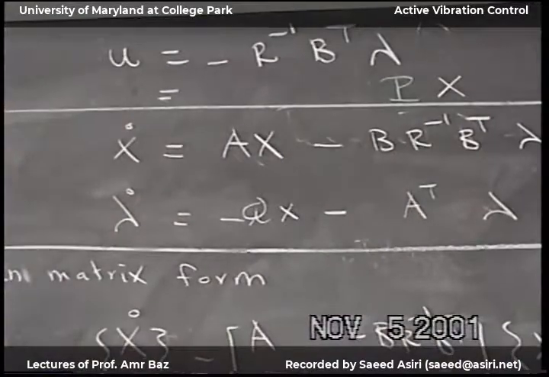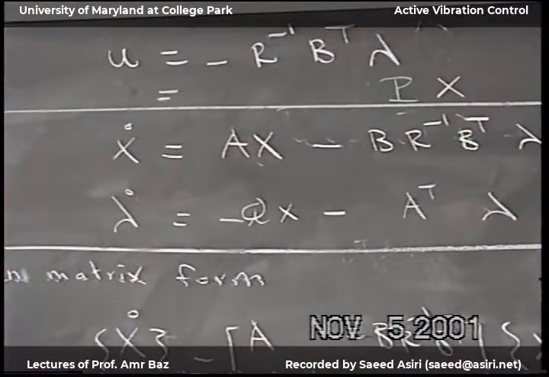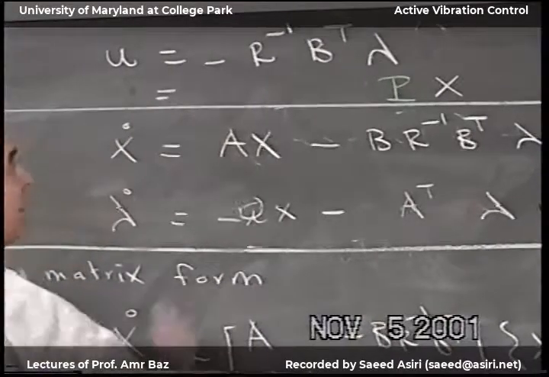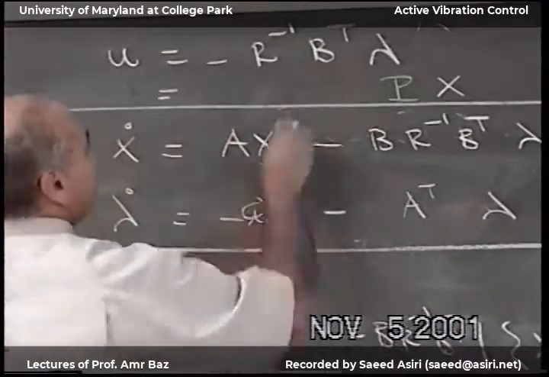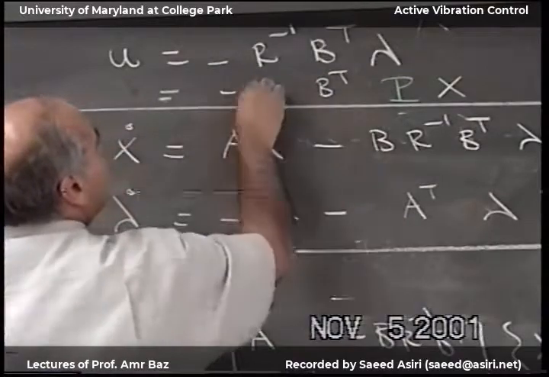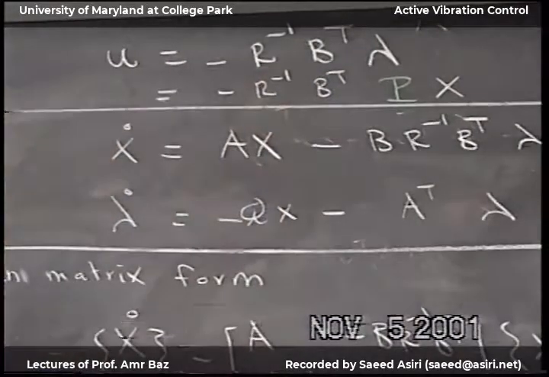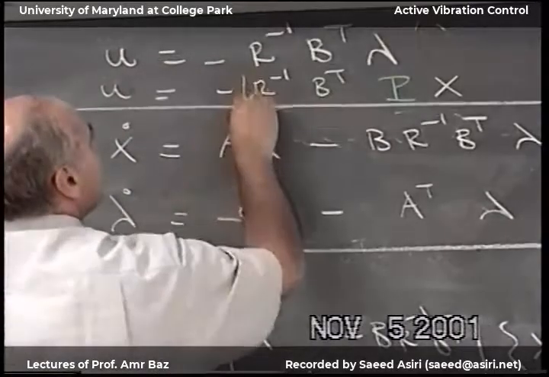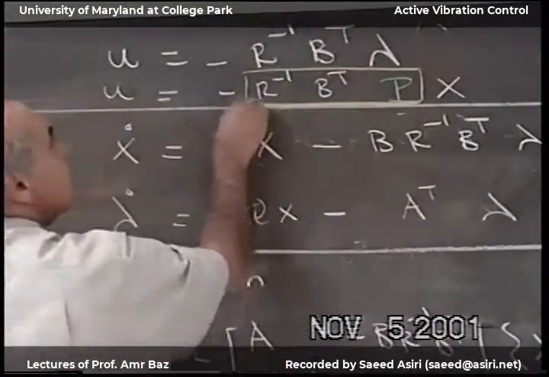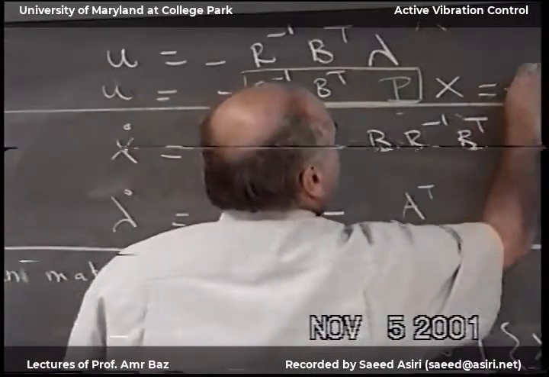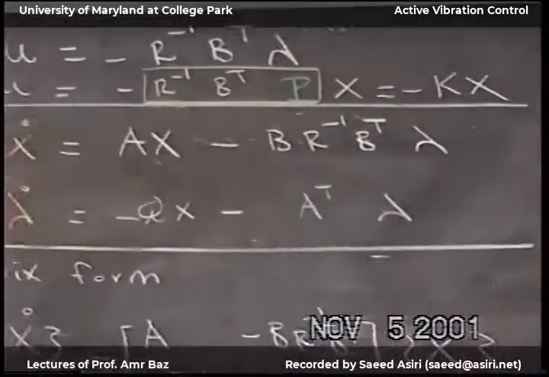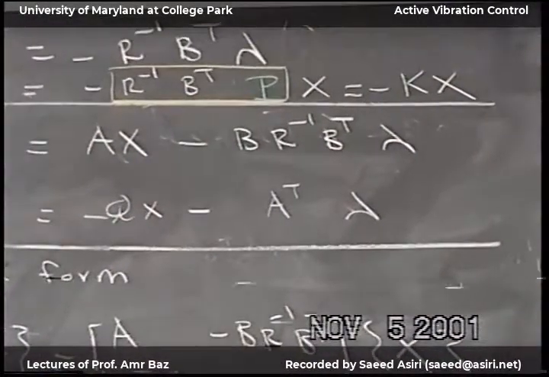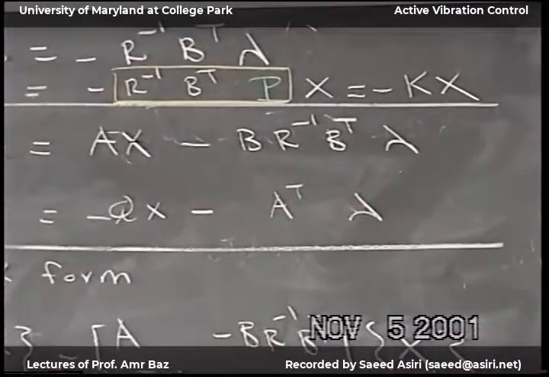Let lambda equal a matrix P times x. And then now I have everything here: P transpose minus R inverse. Why am I doing this? So I can take all this and group it in the gain matrix of the controller.